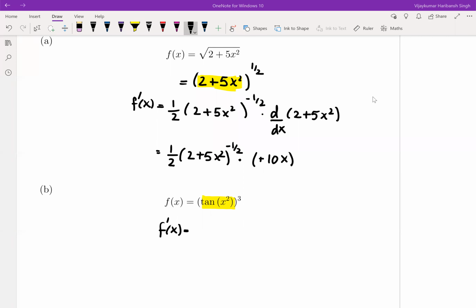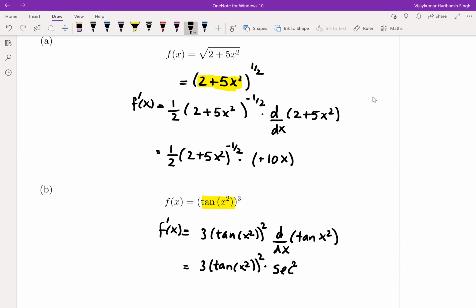So now in this case, first you basically think about the outermost function, which is x cubed. So this is going to be 3 times (tan x squared) the whole squared, times d by dx of the inside function, which is the derivative of tan x squared. Now the derivative of tan is secant squared.